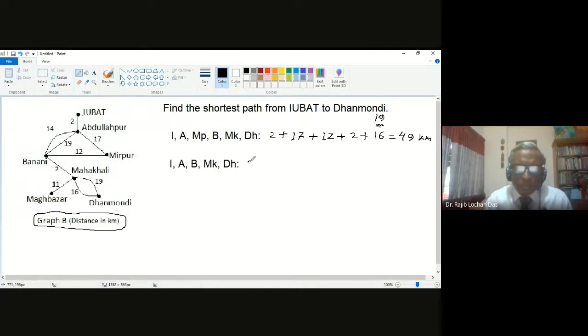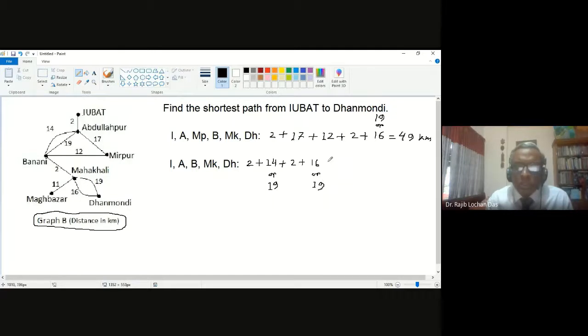You will take 2 and then you take 14. Why 14? Because there is another option, 19. So definitely, if you want to take the smallest one, you will take 14. And then it is 2 again, and then 16 again, because there is another option 19. So you will choose the shortest one.